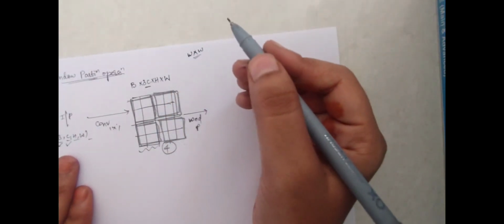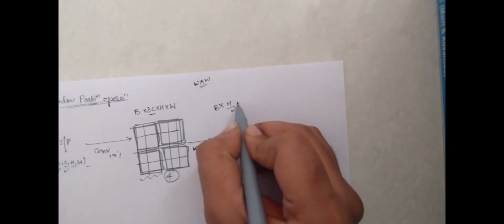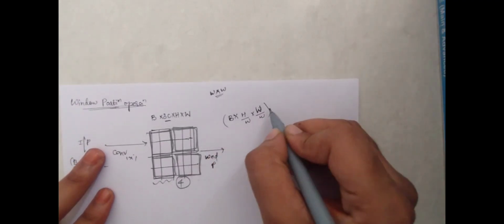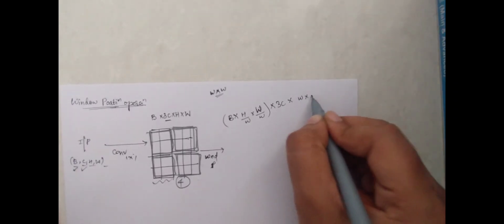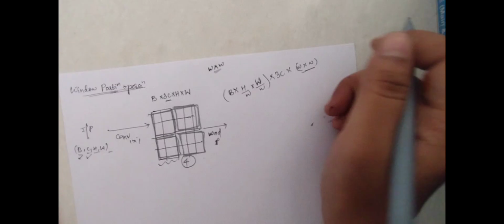Hence, what will be the dimension now for each window? B, H by W, the total width by W, into how many channels? 3, right? So the size of each one is W by W. Hence the dimension turns out to be this for each one.